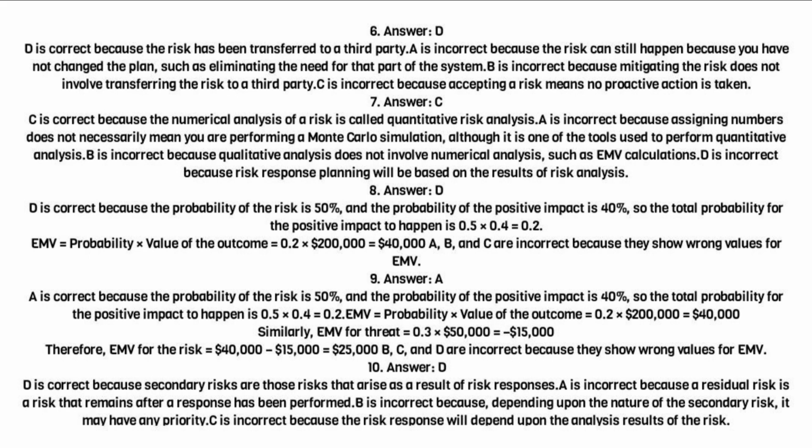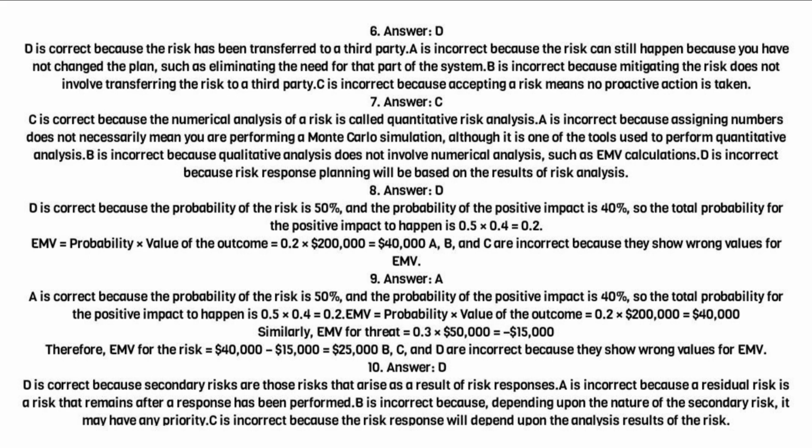Similarly, EMV for the threat equals 0.3 times $50,000 equals $15,000. Therefore, EMV for the risk equals $40,000 minus $15,000 equals $25,000. C and D are incorrect because they show wrong values for EMV.